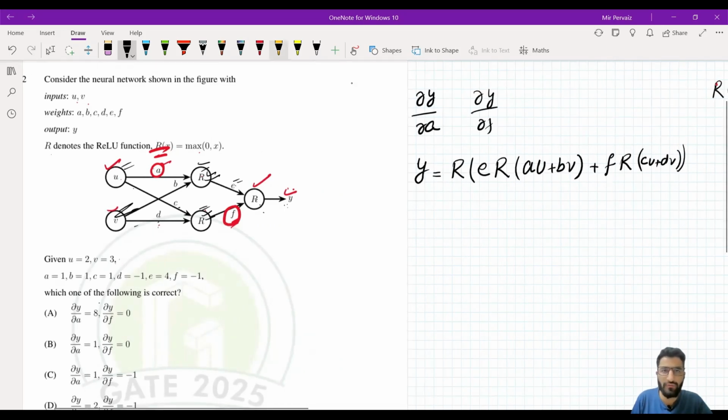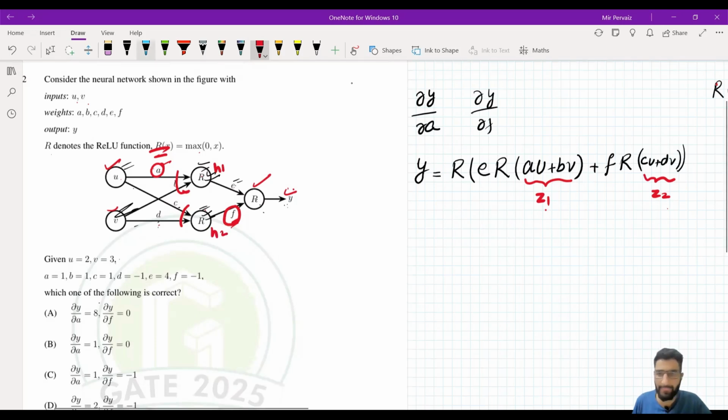To make the function simpler, I make a change of variables. The input to the first hidden neuron is denoted by Z1, and the input to the second hidden neuron is denoted by Z2. These two neurons produce outputs that I denote H1 and H2.